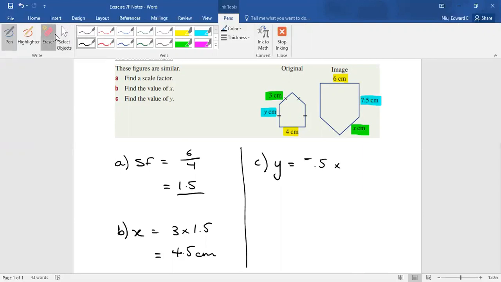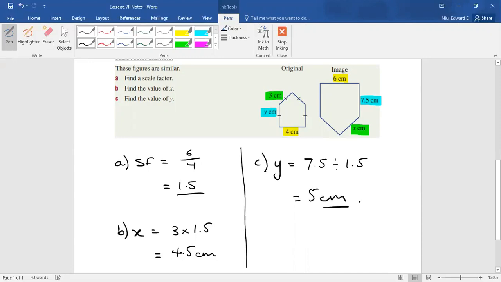Whenever we go from large to small, we divide. So this would be 7.5 divided by 1.5, which gets us 5 centimeters.